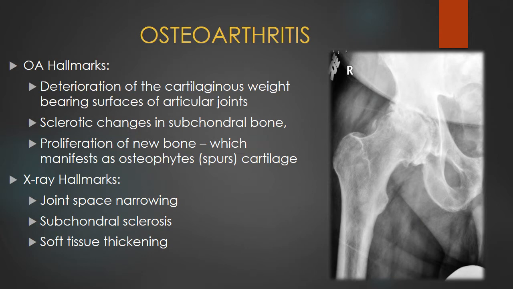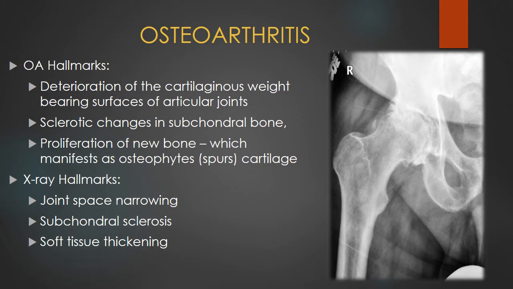So let's review then. Here we have a diagram of the hip joint. This is the femur, this is the acetabulum. And you can see here some of the typical findings that we associate with osteoarthritis. We have a deterioration of the cartilaginous weight-bearing surfaces of the articular joints.